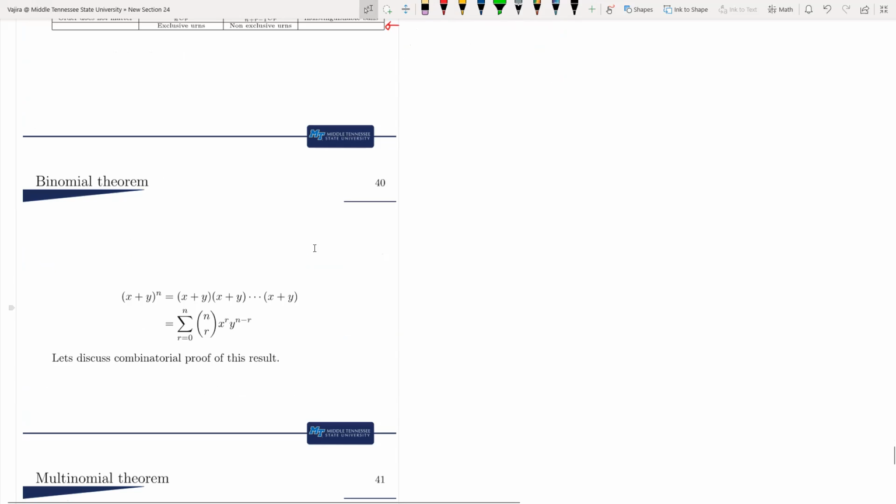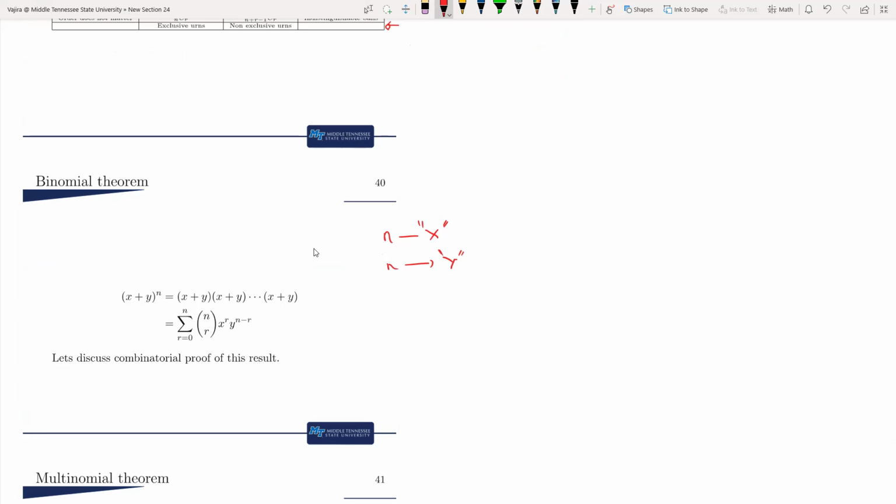So now you can see the binomial theorem. It is actually an application of combinations. Let's say you try to expand this, and of course you know there are n x's and n y's.